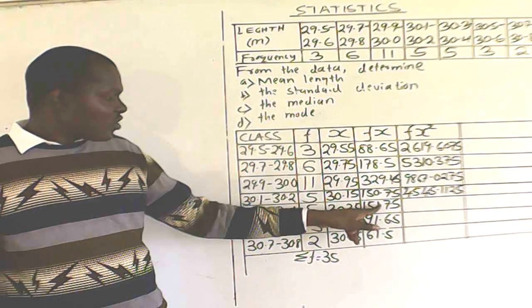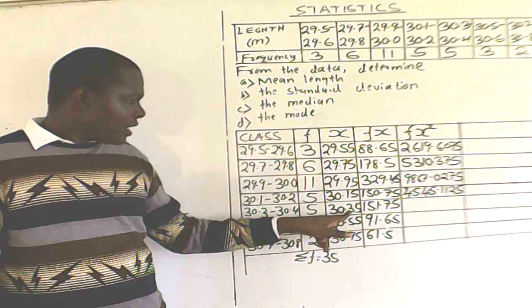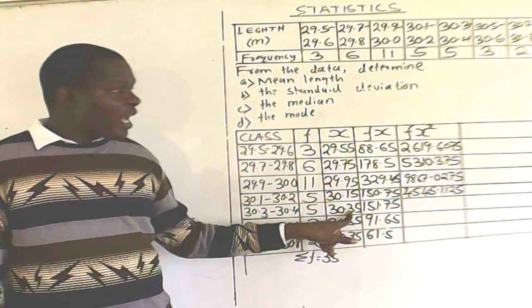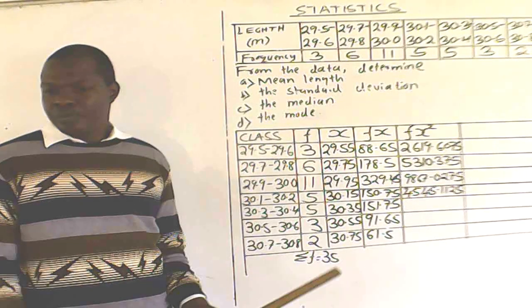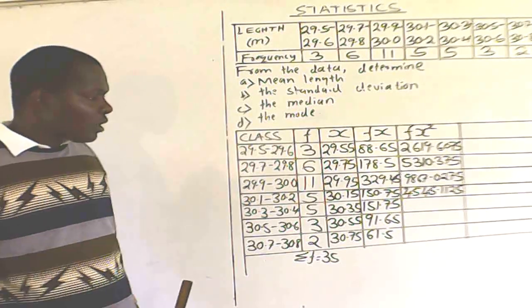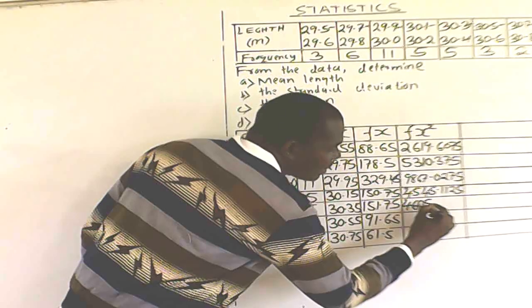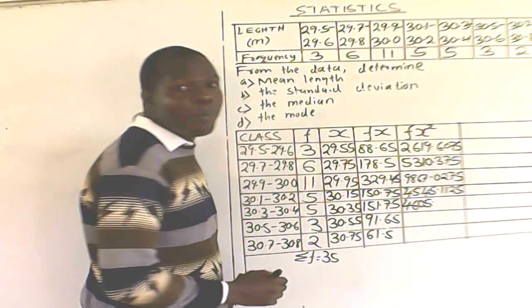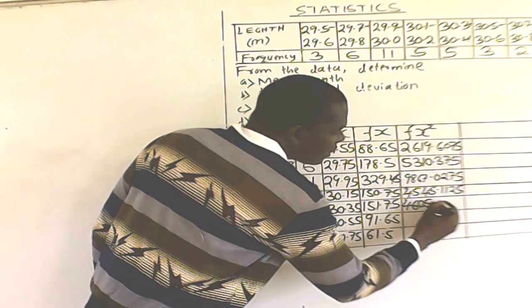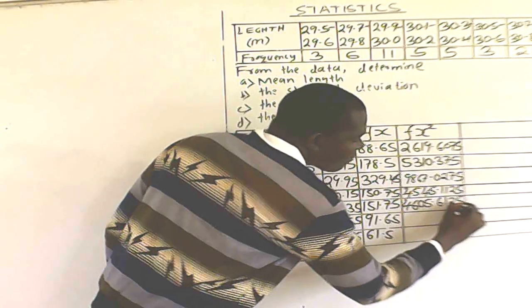Then the next, 151.75 times 30.35, you get fx squared to be 4605.6125, isn't it?